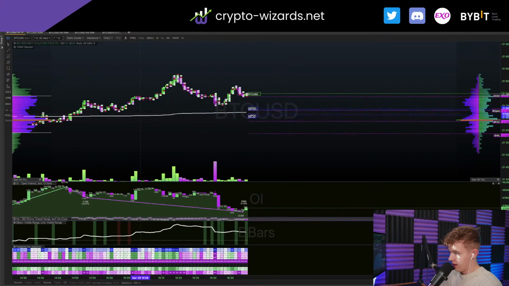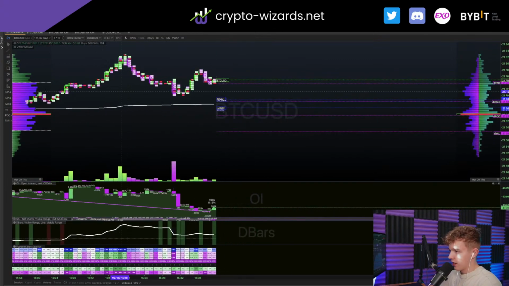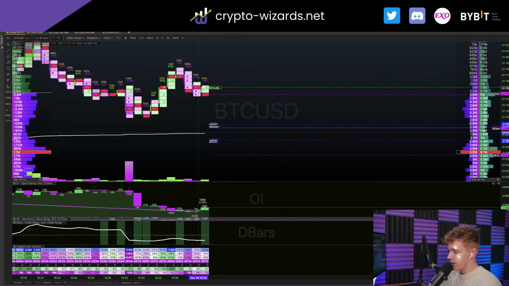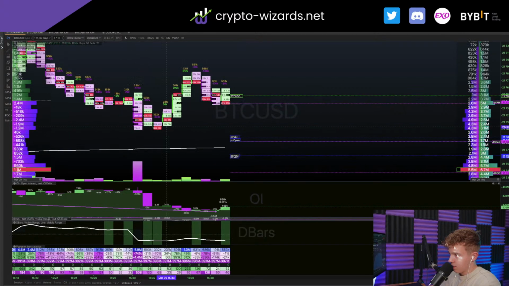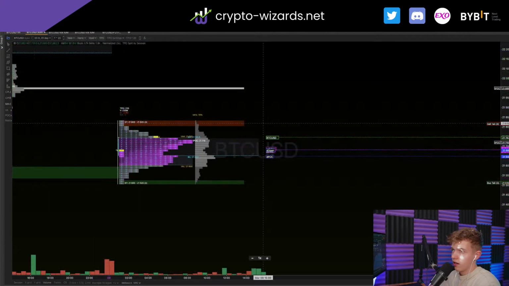So, quite a decent open interest decrease on 1 minute. If we monitor the delta, you see from the start, 1530 is right here. Very negative delta from the start of the session. But so far we go higher.